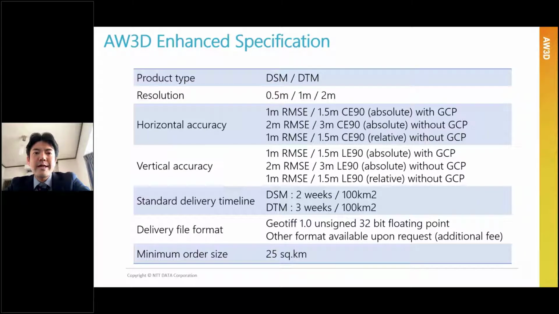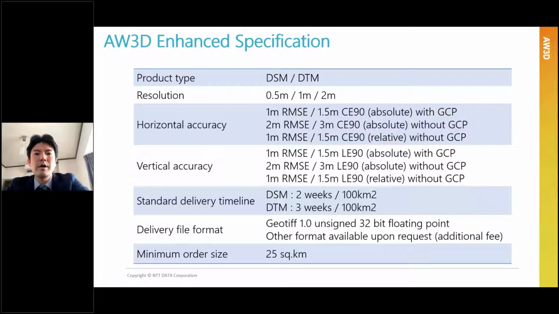Here's the specification of AW3D enhanced. The resolution is up to 0.5 meter. The most important point here is the accuracy. It's 1 meter RMSE with ground control points and 2 meters without ground control points.